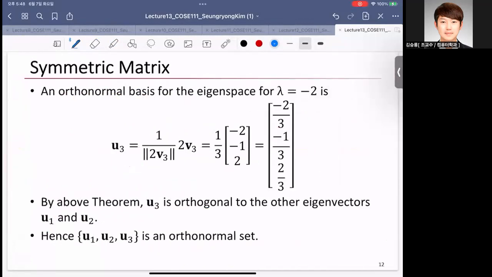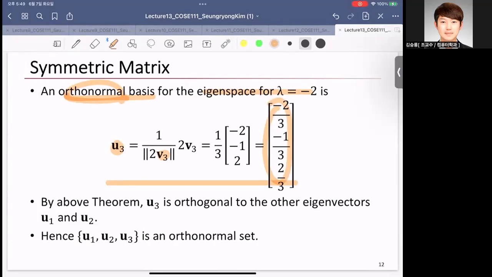One more thing: because the eigenspace for lambda equal to negative 2 has only one vector as a basis, you can easily find the orthonormal basis by just normalizing V3. So it's going to be U3, and it looks like this.